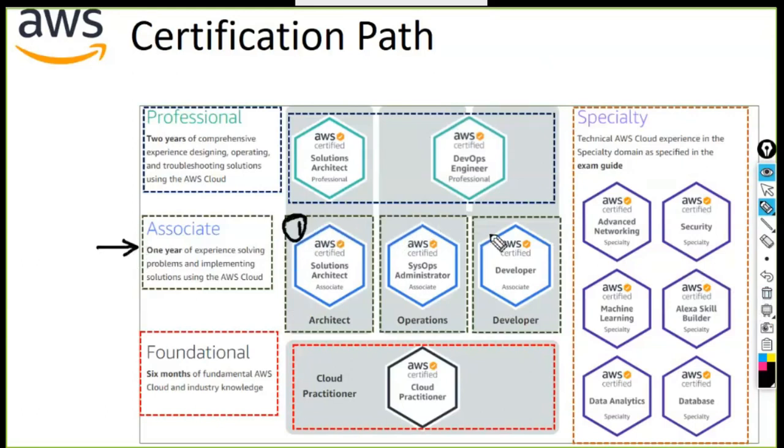The second certification, what the community suggests, is the Developer. Why we need to go for the Developer is, once we clear the Solutions Architect, we can quickly attempt the Developer by spending a couple more months preparing, because Developer is completely sitting on top of the Solutions Architect.